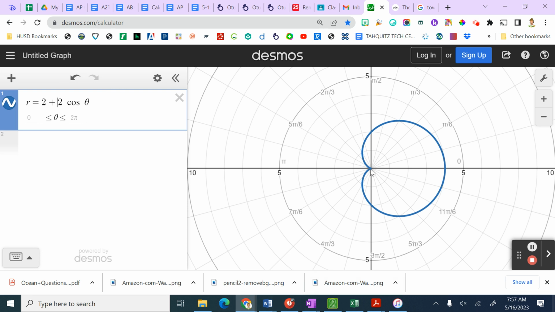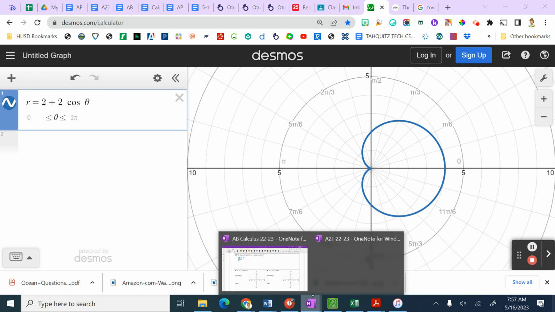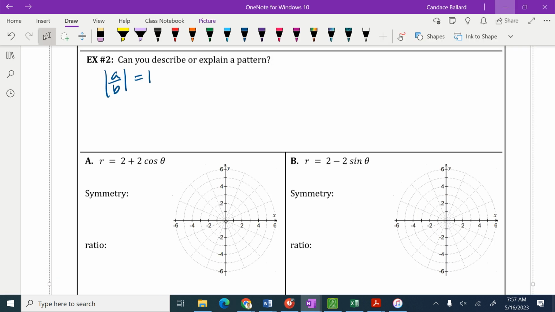Okay, so I'm going to try to plot. Let's see, it looks like there's a point here at 0, 0. There's a point out how many? 1, 2, 3, 4 rings out. Okay, let's start there. I'm going to start with those because I'll forget if I go more than that. So I have a point here, and I have a point 4 rings out.